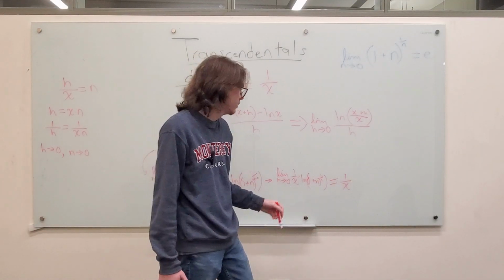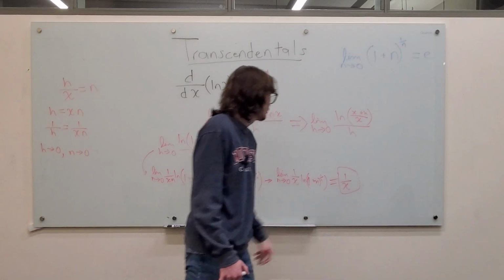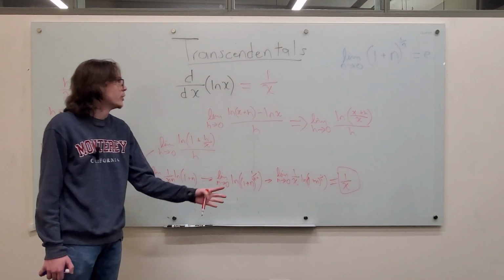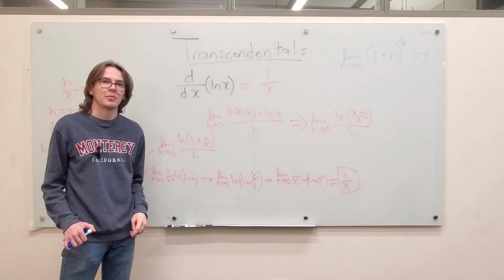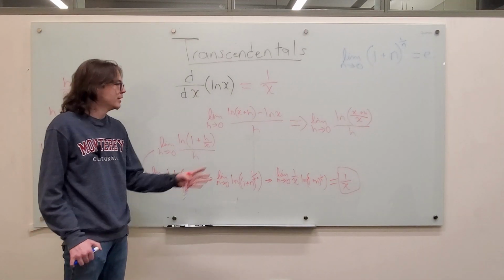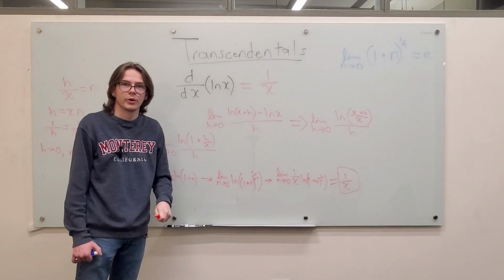The natural log of e is, of course, 1, which means that the derivative of the natural log is 1 over x. And now we have used first principles, with a minor bit of algebraic manipulation, to conclude that the derivative of natural log of x is indeed 1 over x.